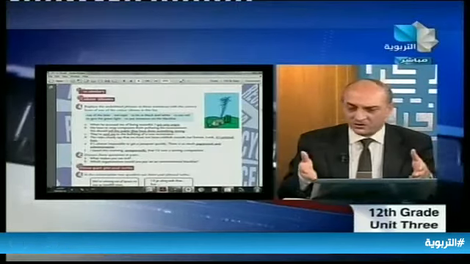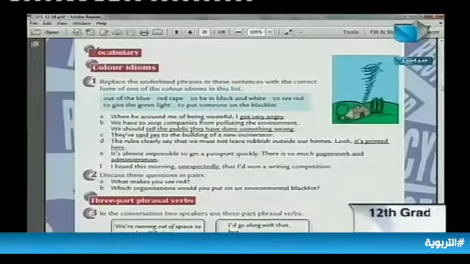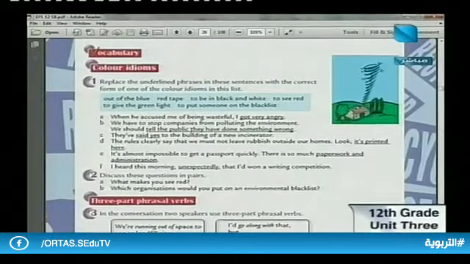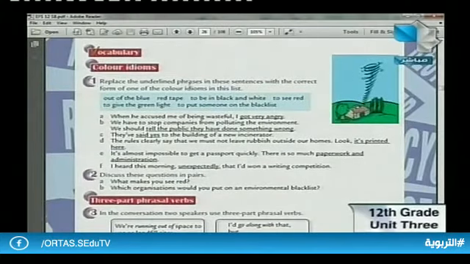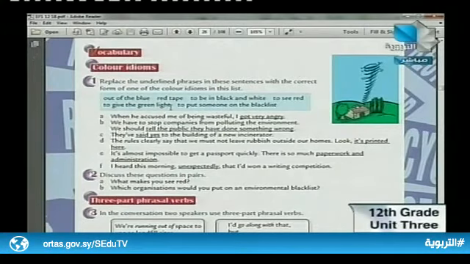So we have here a nice exercise, which is exercise 1. The exercise says, replace the underlined phrases in these sentences with the correct form of one of the color idioms in this list. Here we have a list: out of the blue, red tape, to be in black and white, to see red, to give the green light, and to put someone on the blacklist.